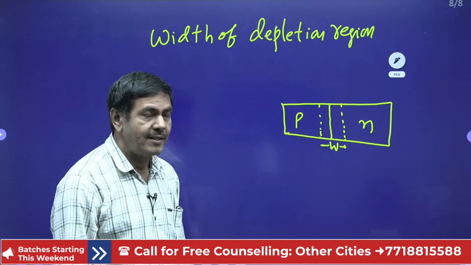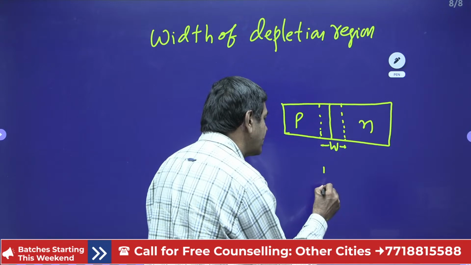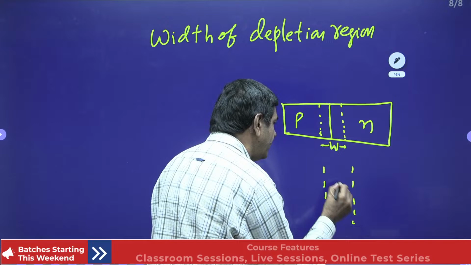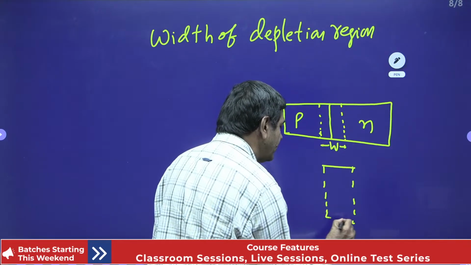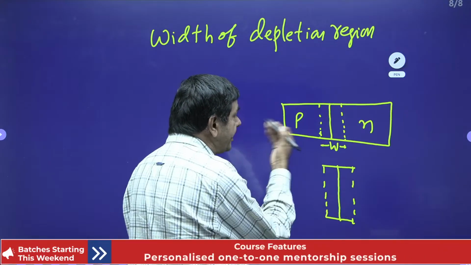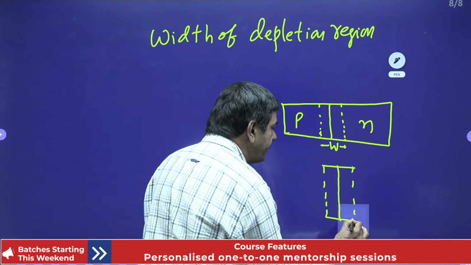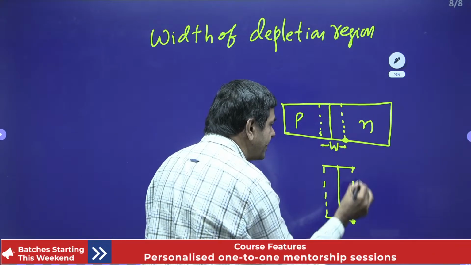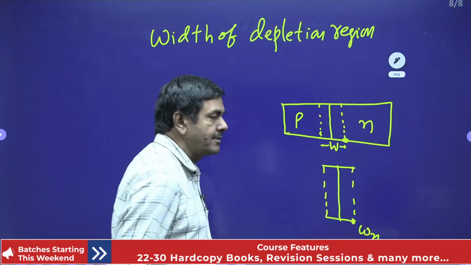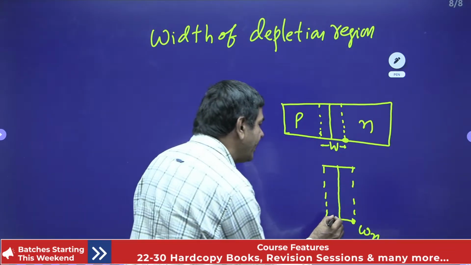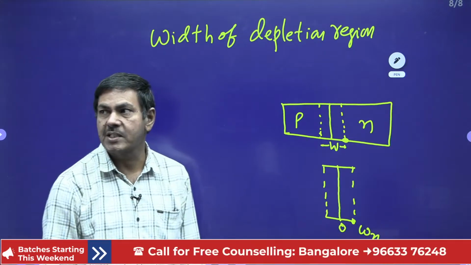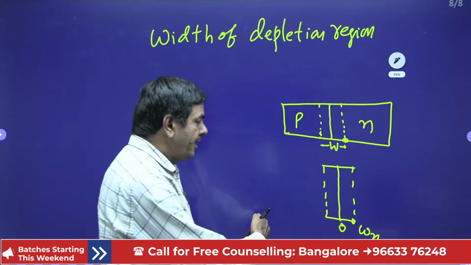Suppose these are the dots I have taken, and I select this as the junction. This is the P-type material and this is the N-type material. This end point on the N-type side I take as Wn. The junction is taken as the origin, 0.